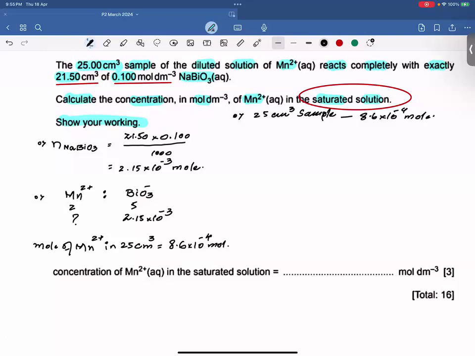So if we had a 1000 cm³ diluted solution, the amount would be how much? 0.0314 moles.